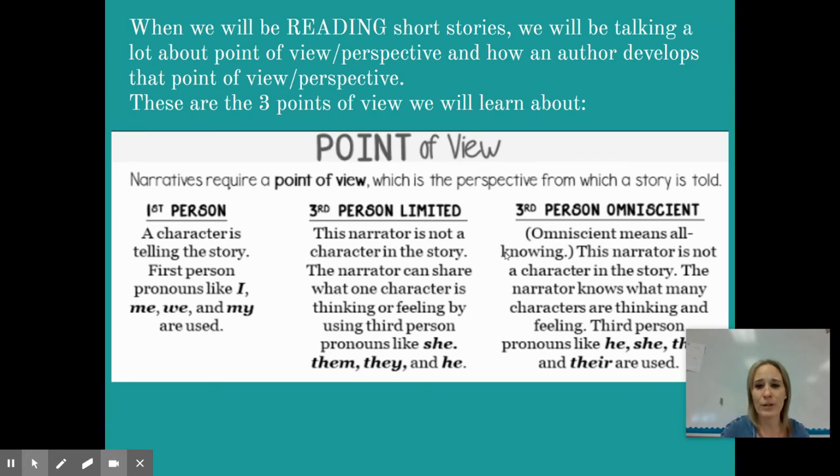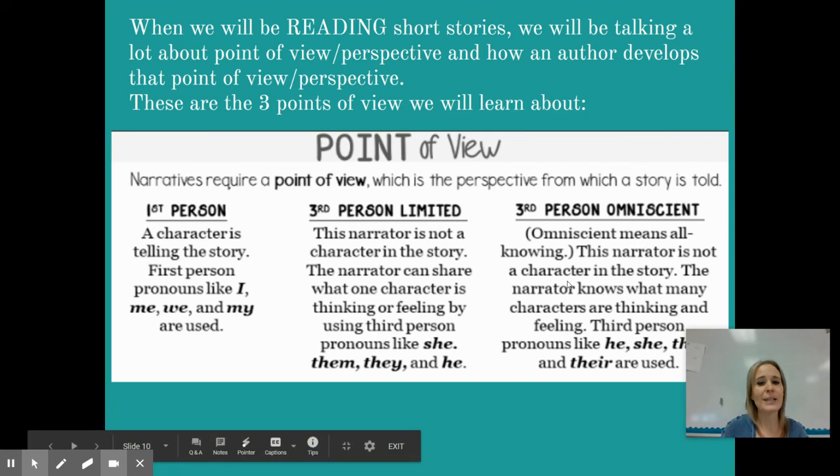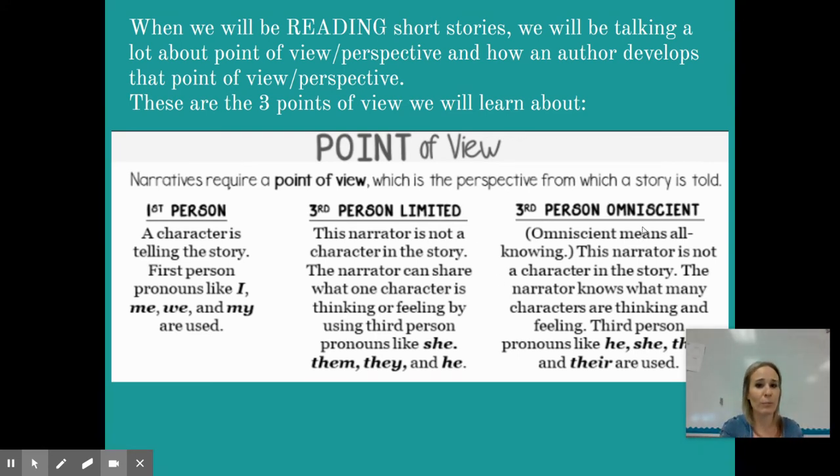Then we have third person omniscient. So that's similar to third person limited, where it's a narrator describing someone's point of view, except they're not just describing one character's point of view. They're kind of like all knowing. They know what's happening with each character in the book, and they're describing it from multiple characters' perspectives.